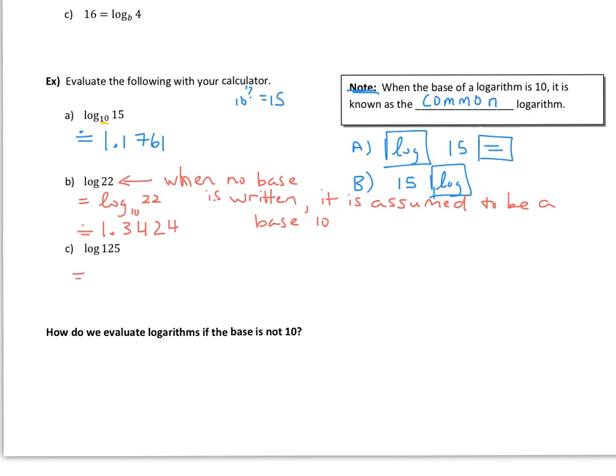That gives me approximately 2.0969. So 10 to the exponent of 2.0969 gives you an answer of 125. That makes sense because 10 squared would be 100, so it's going to take a little bit more than an exponent of 2. Now, the next question asks, how do we evaluate logarithms if the base is not 10?